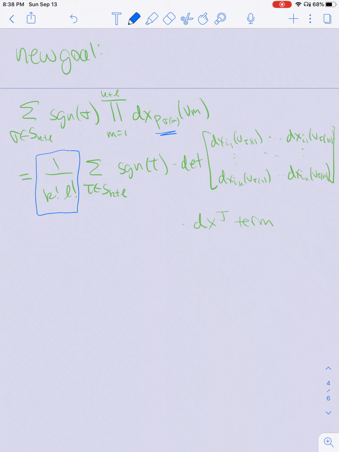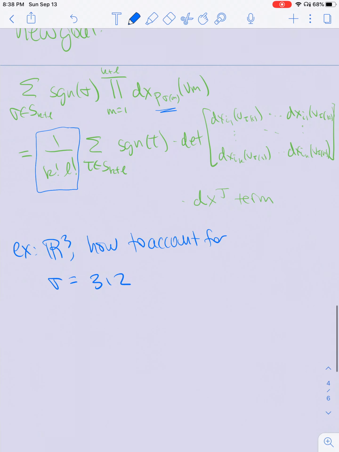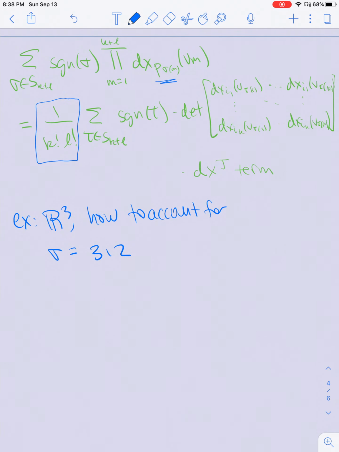So let's do the example of R3, and account for, for example, sigma equals the permutation 3, 1, 2. So what does this mean? This is the term.